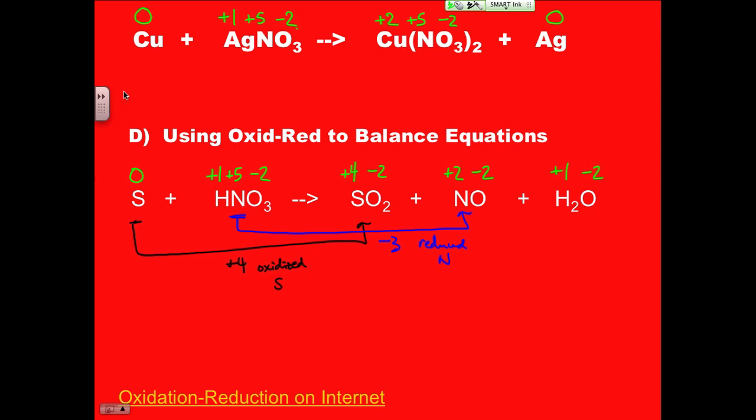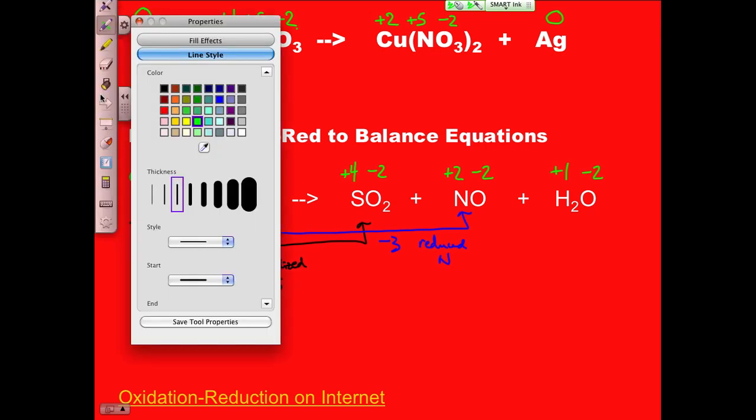Okay? Now, how do we use oxidation reduction to balance an equation? This would be a very difficult equation to balance. But you can use the numbers, the 4 and the 3, in the changes as help in balancing the equation. All right. 4 and 3, what's the least common multiple? 12, right?